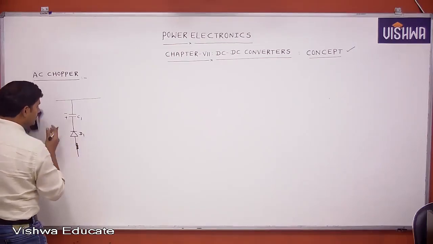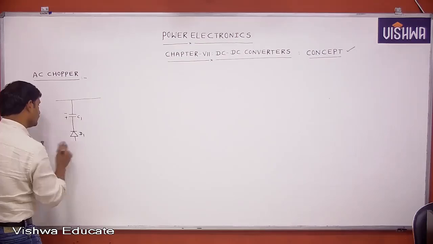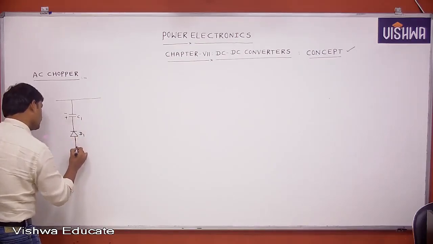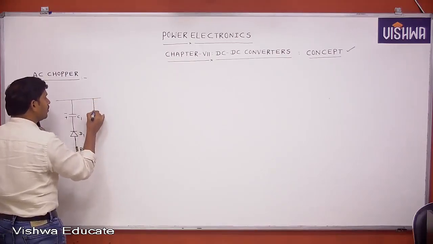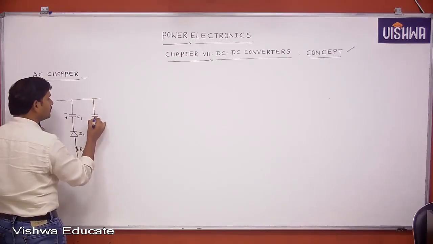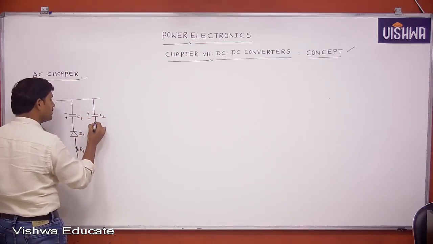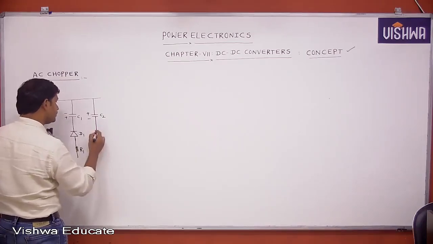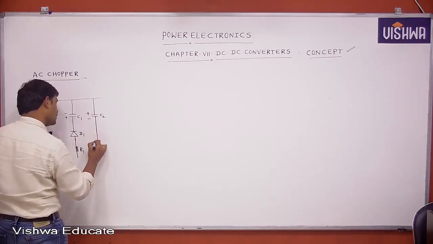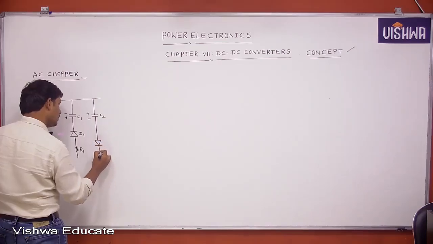Let this resistance be R1. We are using one more capacitor. This is C2 with a polarity plus minus, using D2 diode, and resistance is R2.